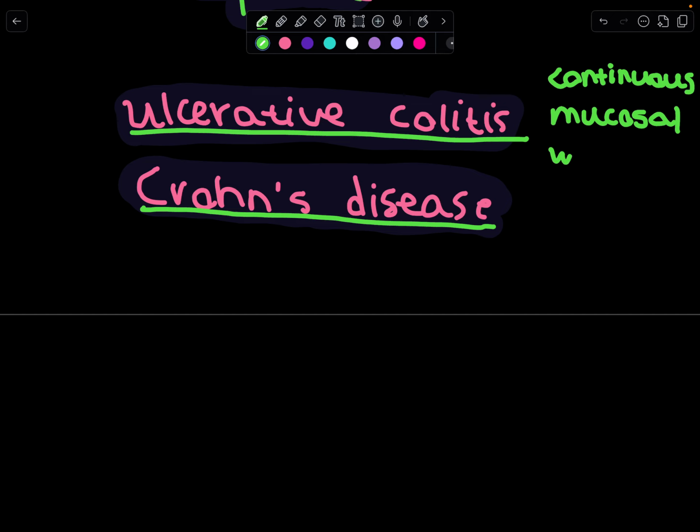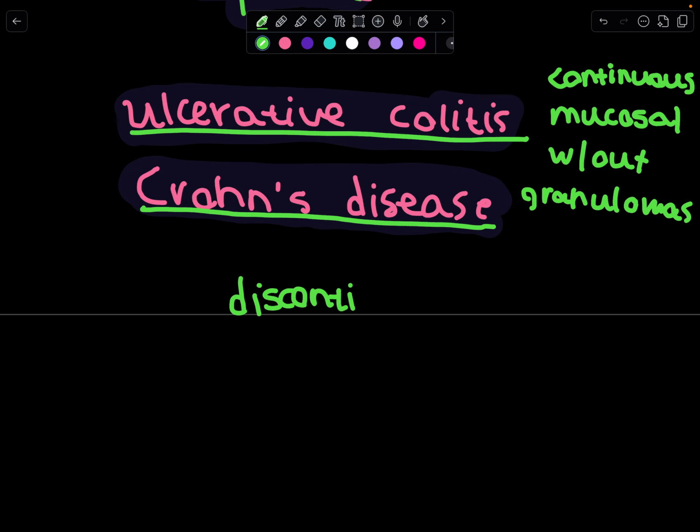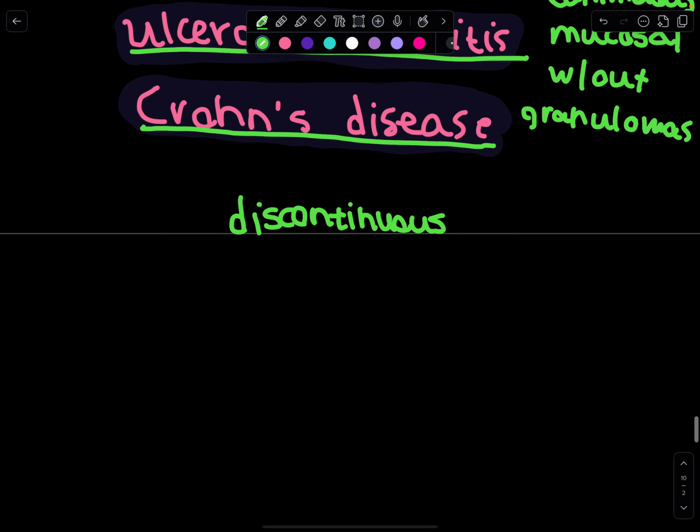You're spot on. Ulcerative colitis, UC, has continuous mucosal inflammation limited to the colon's inner lining, with no granulomas, just ulcers, redness, and superficial damage. Crohn's disease, however, shows discontinuous, skip lesion inflammation affecting any GI tract segment, with transmural inflammation through all gut wall layers.